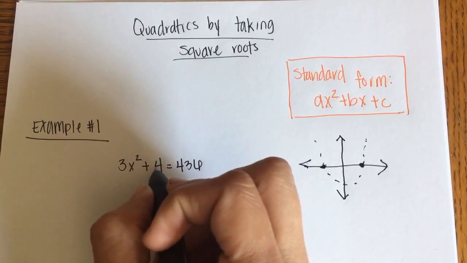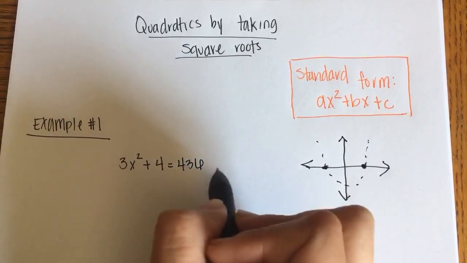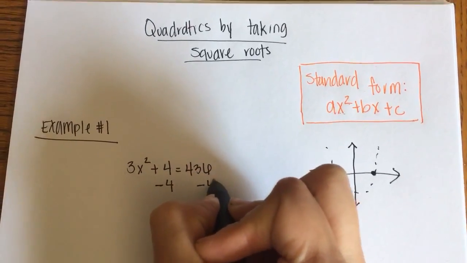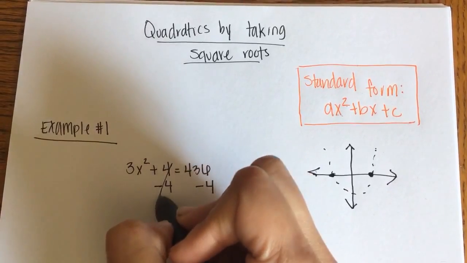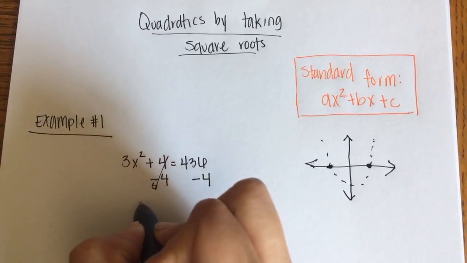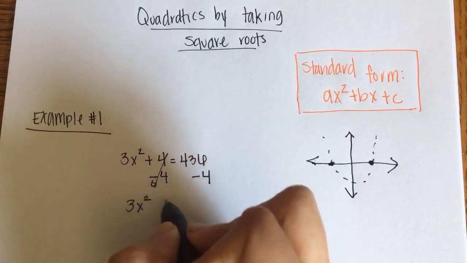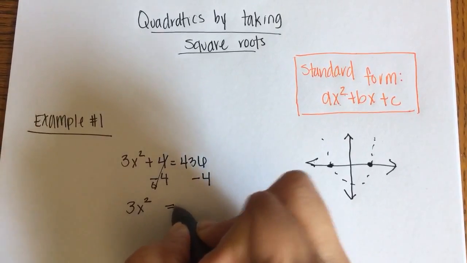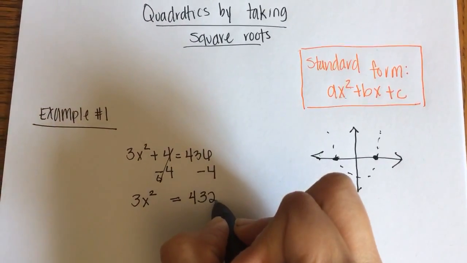So what we would do in this case is we would subtract 4 from both sides. So minus 4, minus 4, positive 4 minus 4 gives you 0. So then we have 3x squared, we bring this down, and then 0, so we don't write anything, equals 432.